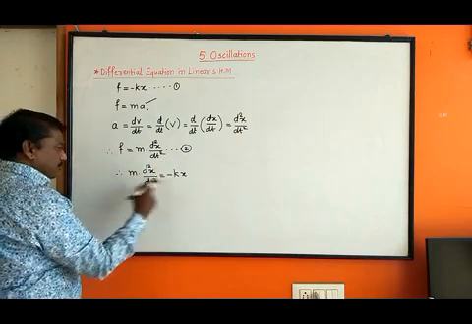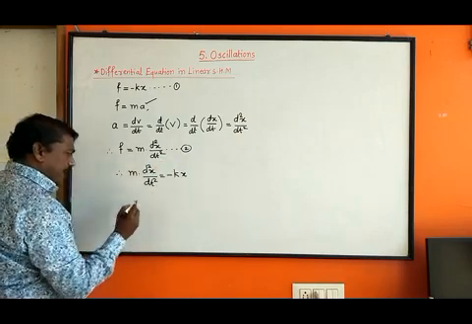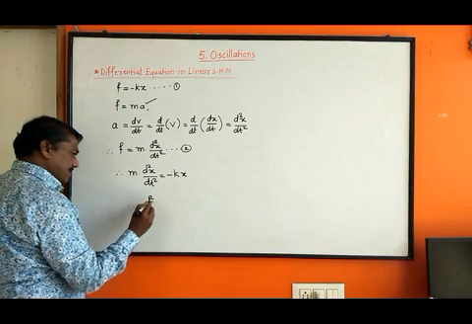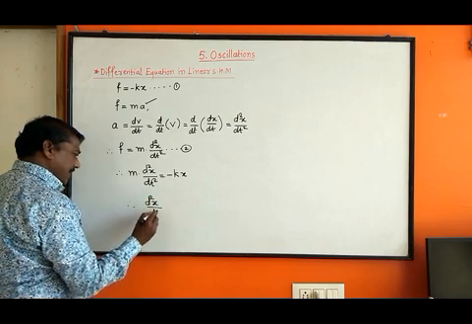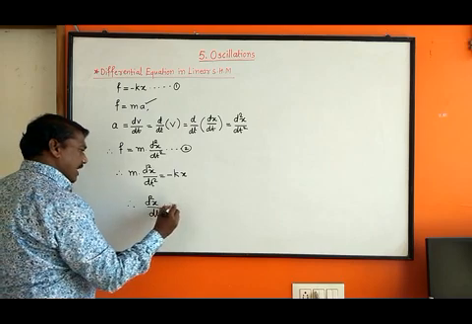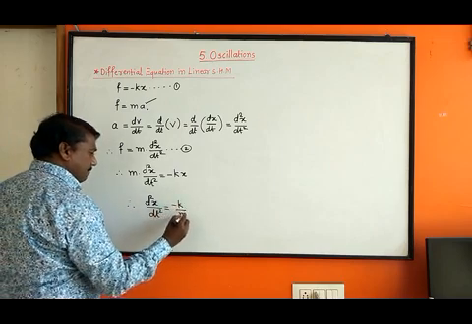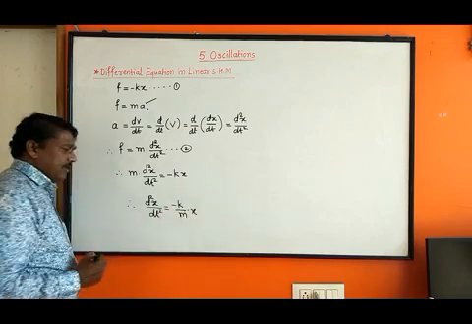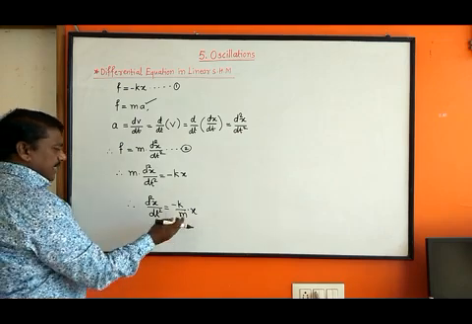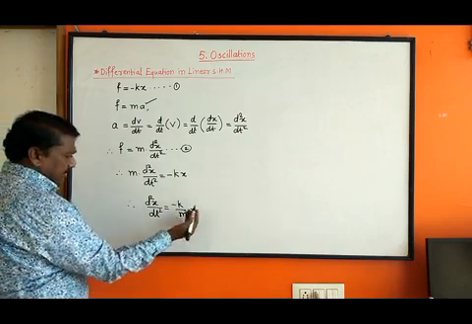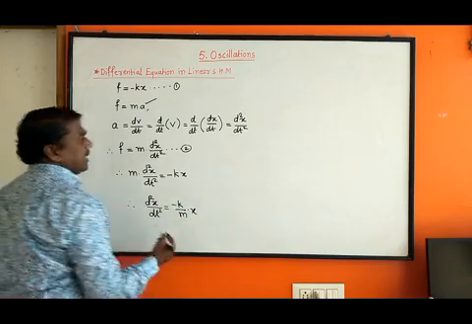Take this m to the opposite side, therefore you will get d2x by dt square is equal to minus k upon m into x. Now to make the equation linear, equal to 0, take this part to the opposite side.